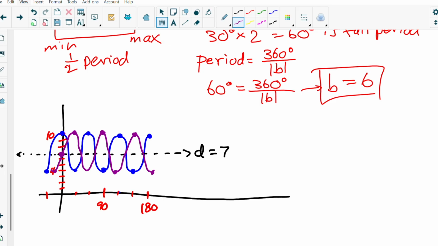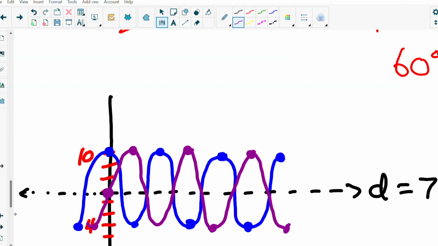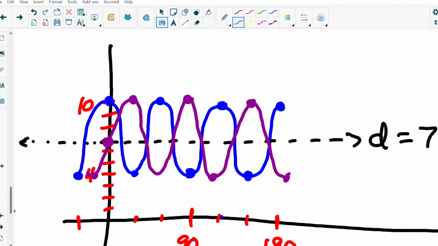I'm looking at, let me zoom in here. I'm looking at this particular part, folks. So zoomed way in. From this part here, let's just take this little arm. How do I make it look like this? Well, I need to phase shift it this way.